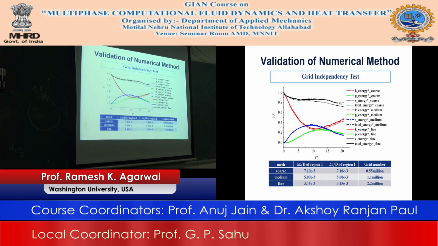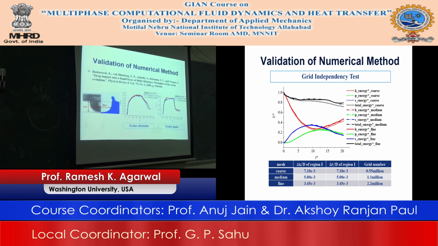Then as it is dropping, moving in time, of course this conversion of energy takes place from here to here. The idea here is to make sure what is the right size of grid, and so on. So this is grid independent. Then you can say, okay, this is what I need to go forward.